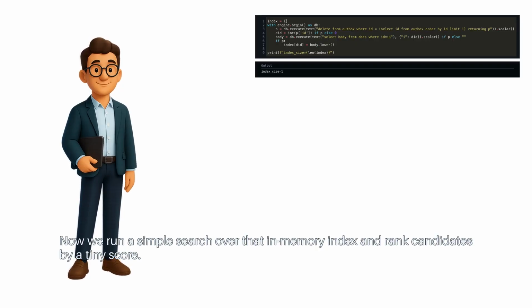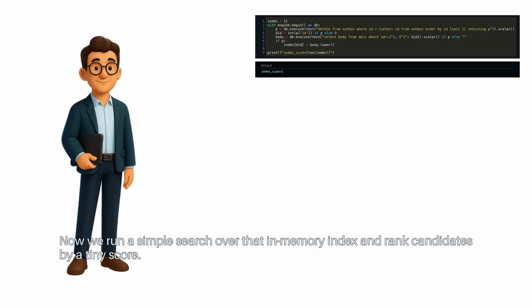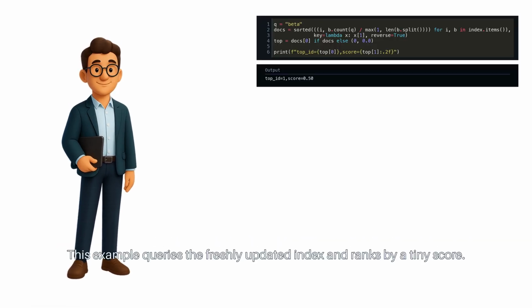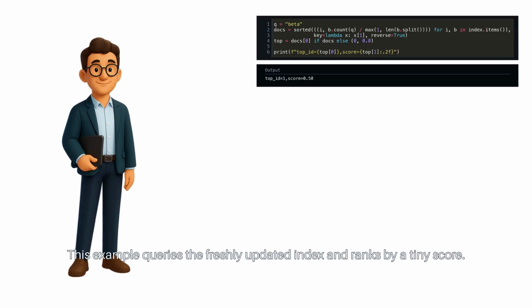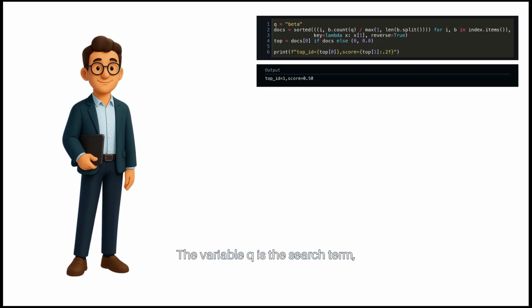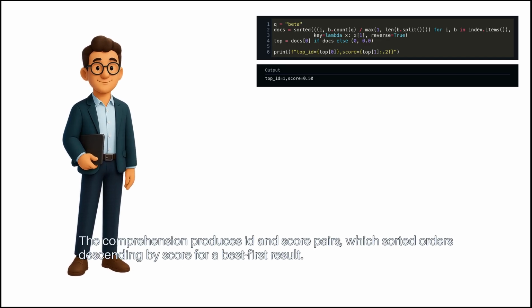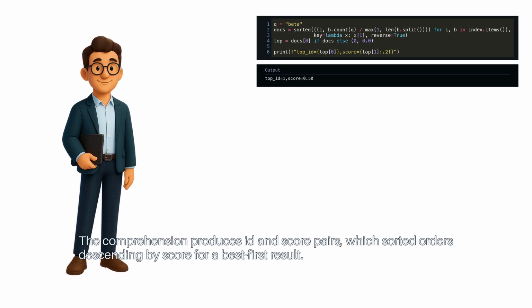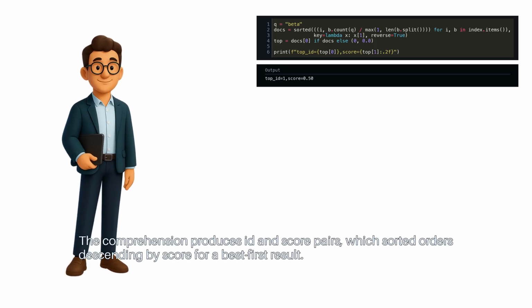Now we run a simple search over that in-memory index and rank candidates by a tiny score. This example queries the freshly updated index and ranks by a tiny score. The variable q is the search term, and we compute a normalized term frequency by counting occurrences in each body and dividing by the word count. The comprehension produces id and score pairs, which sorted orders descending by score for a best first result.